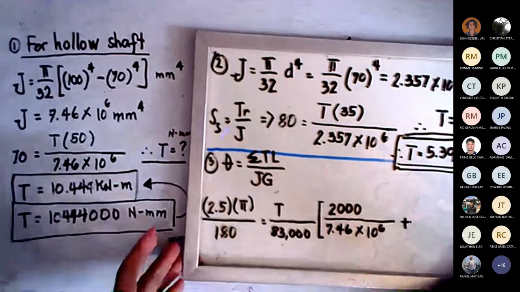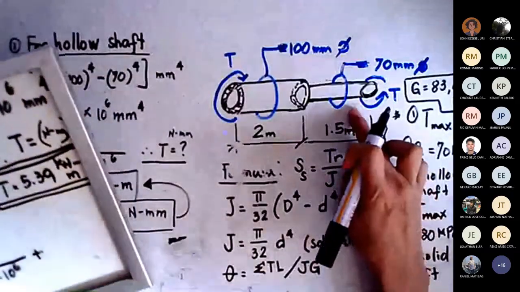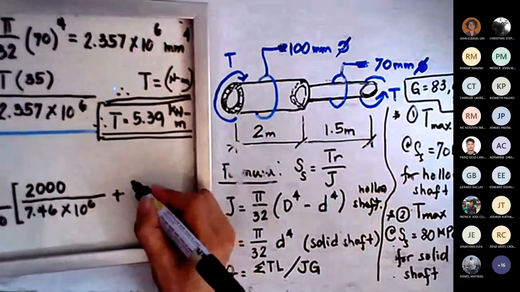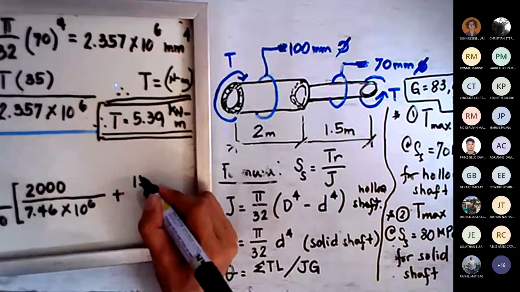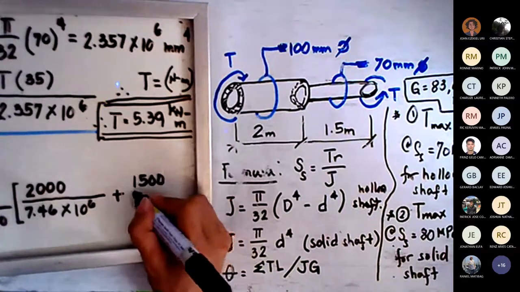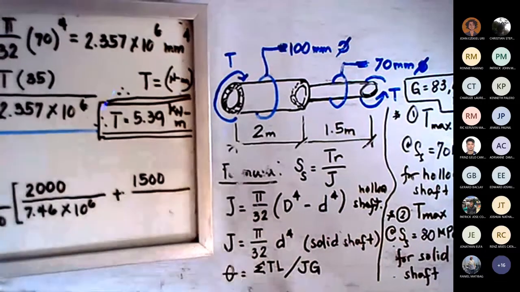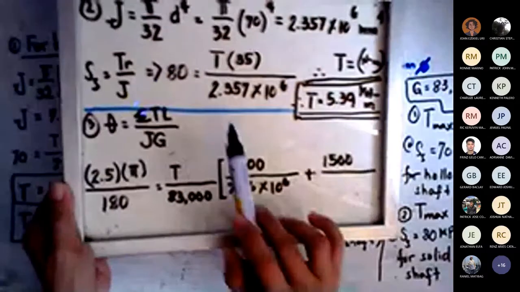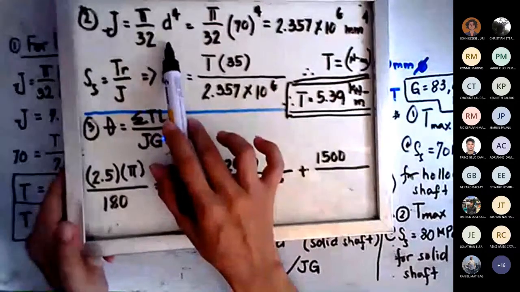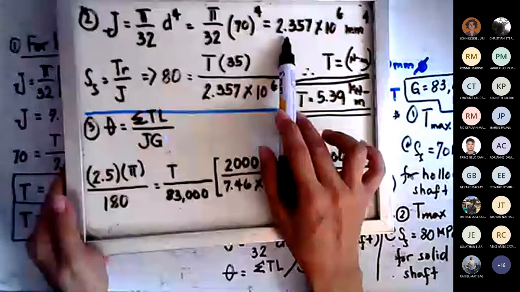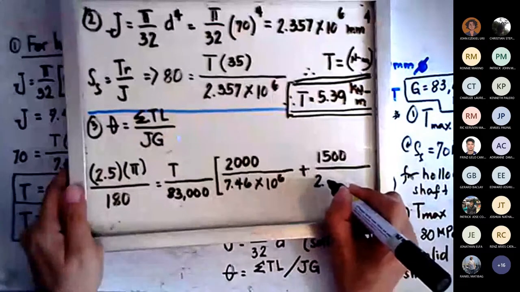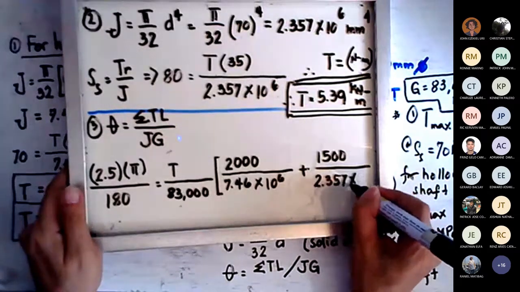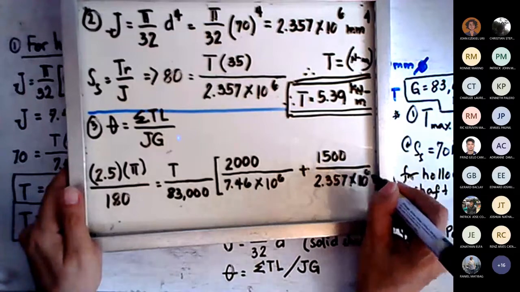Plus, yung pangalawang shaft natin, 1.5 meters ang length. So, ito, 1,500 mm. And, ang gamit natin na J, yung na-compute natin na J kanina, 2.357 times 10 to the 6th power.